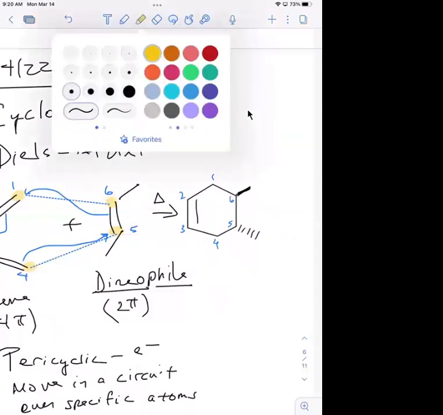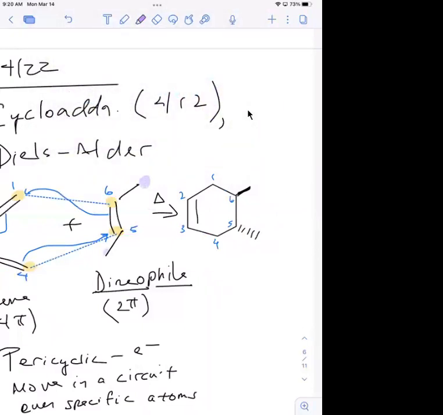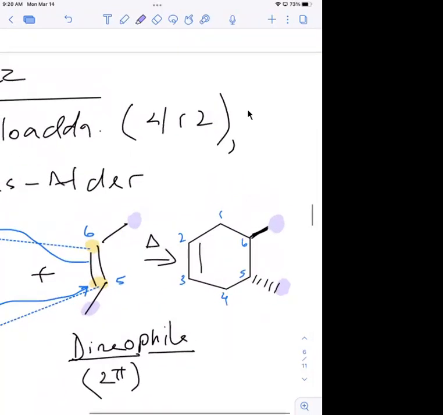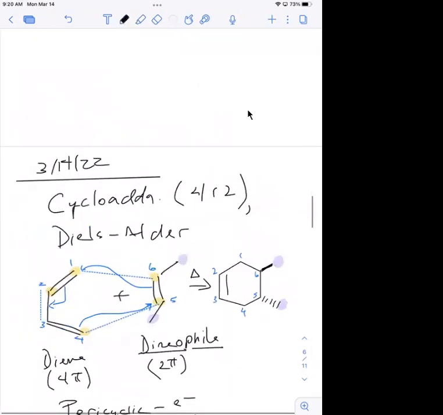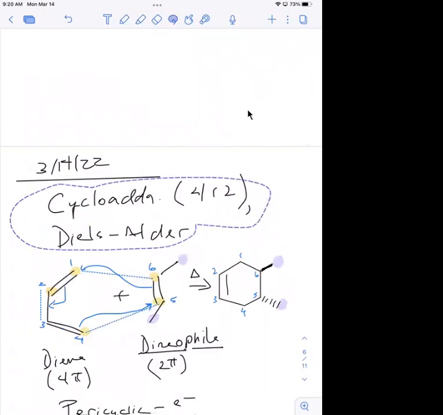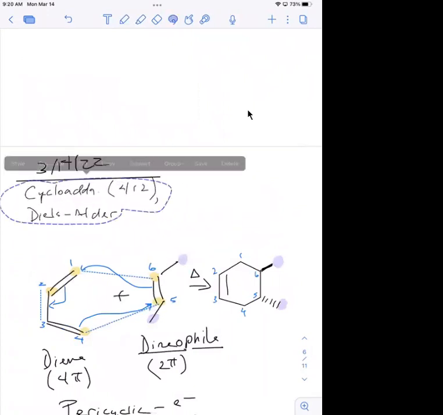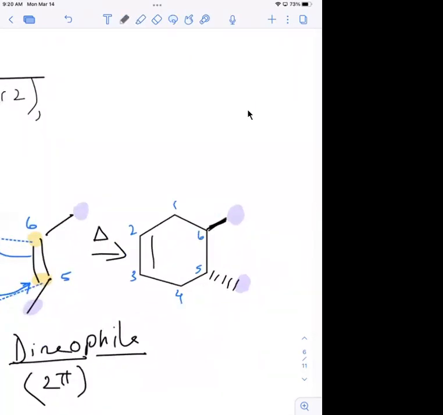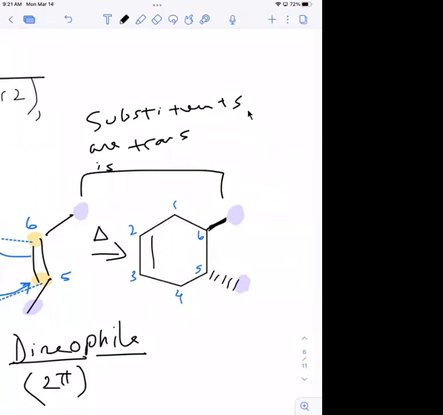Right, so I'm going to highlight the substituents in a different color. So the substituents are trans in the dienophile.